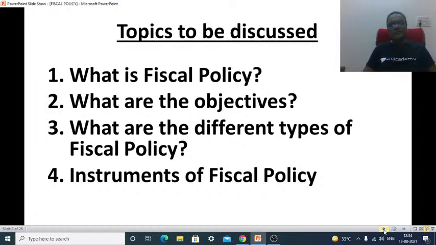Please remember, lots of questions in your prelims are asked from only these things: revenue expenditure, capital expenditure, revenue receipts and capital receipts. So what is this revenue expenditure and what is this capital expenditure? Let us try to look at that.